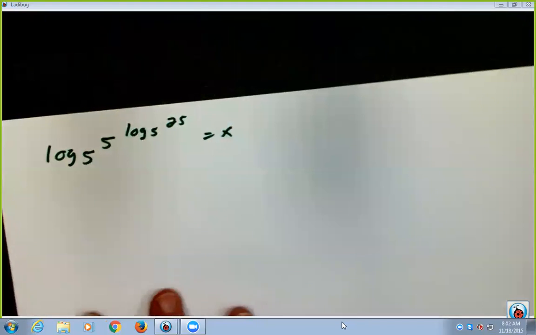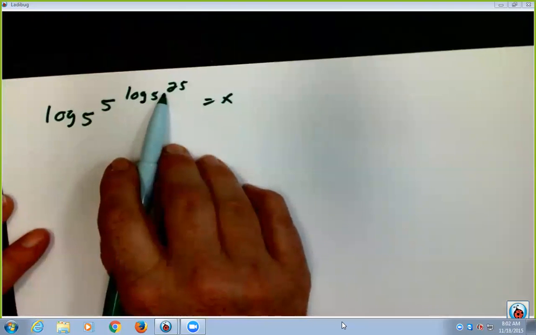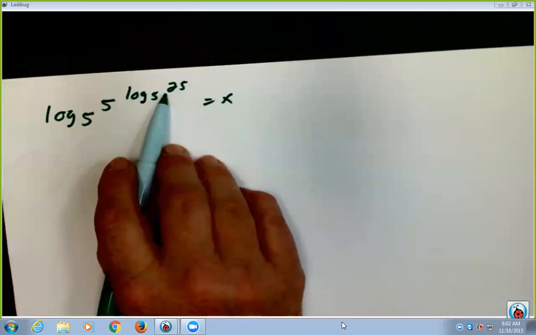You ran across one of those in your homework? Okay. I think it's just that your answer probably works out to be 25. Let me double check here.